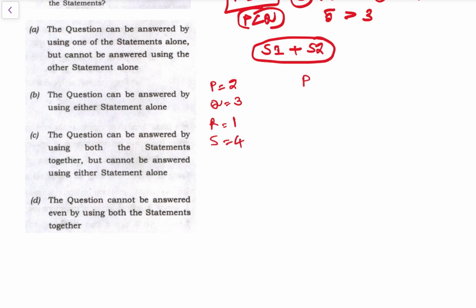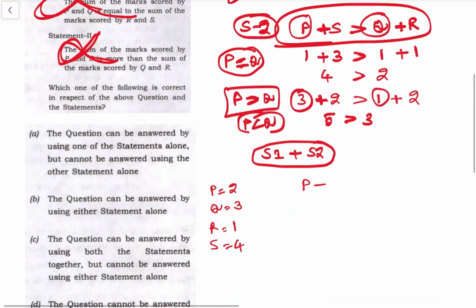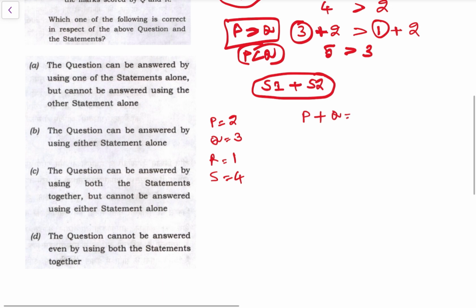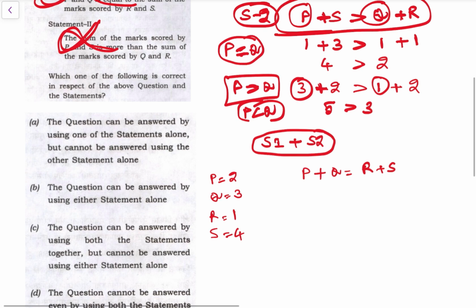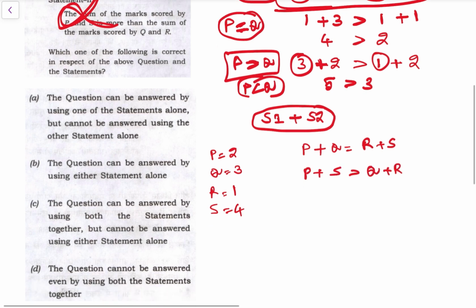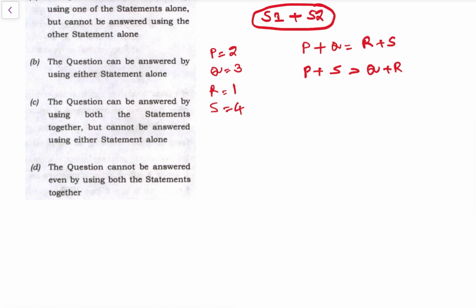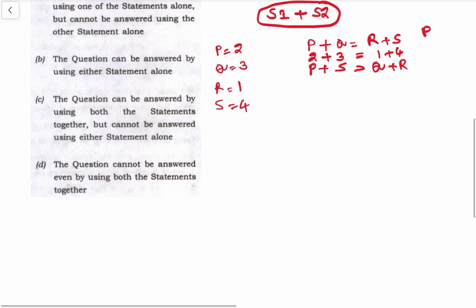So here the condition P plus Q is equal to R plus S is satisfied, and the condition P plus S greater than Q plus R is also satisfied. So P plus Q, that is 2 plus 3, is equal to 1 plus 4. So here P is less than Q in this example.